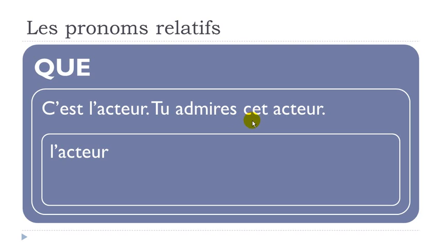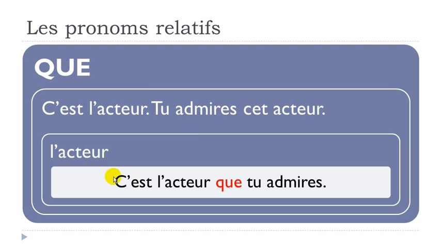In that case, we should use que. All right, so let's look at the sentence now. C'est l'acteur que tu admires. All right, so you first put back your first sentence here, c'est l'acteur. Then you put this pronom relatif que, and then the sentence continues, tu admires, subject, verb.